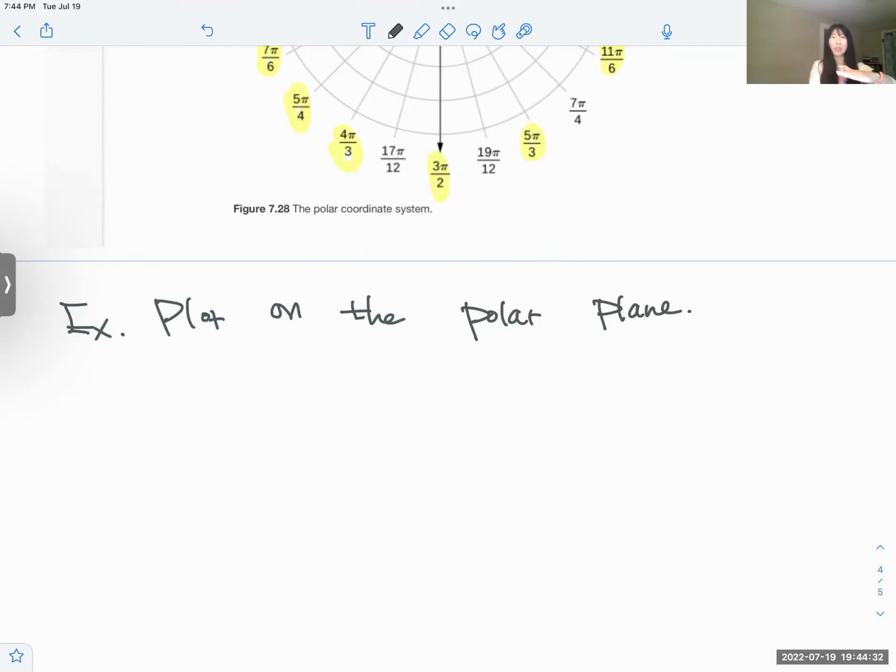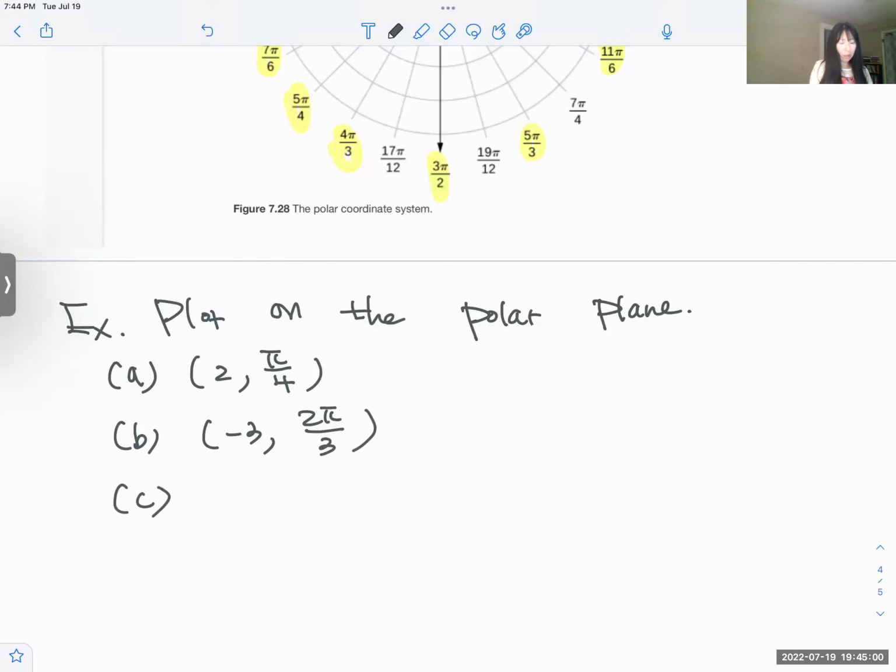So we had a Cartesian plane, which is the XY plane, the rectangular plane. Now they're using a polar plane, all right? So all theta. Now the first one is (2, pi over 4), the second one is (-3, 2 pi over 3), and the third one is (4, 5 pi over 4).